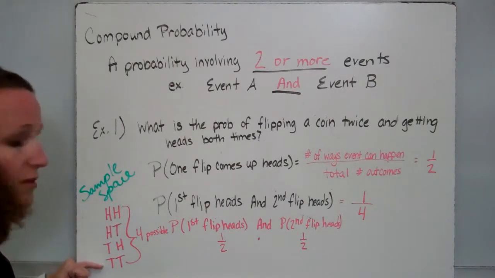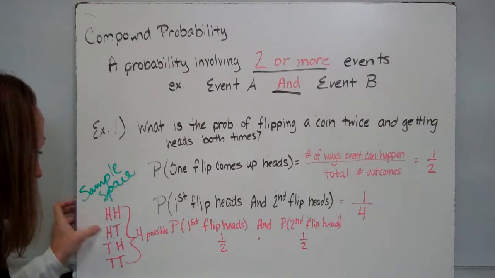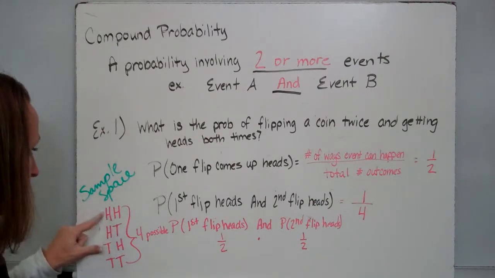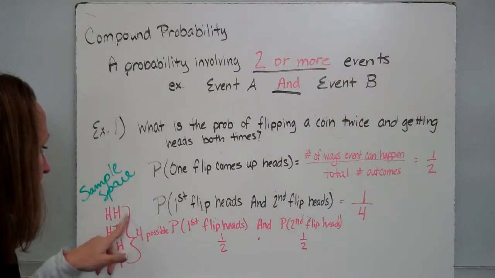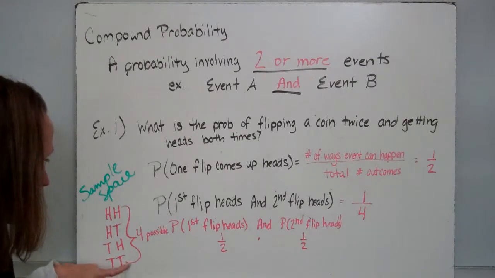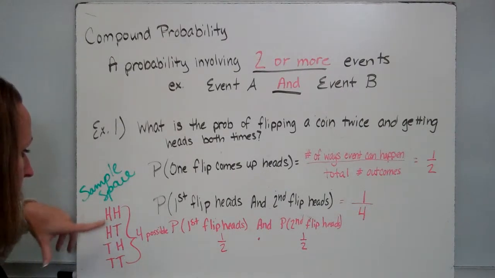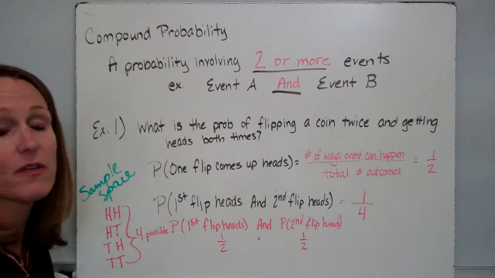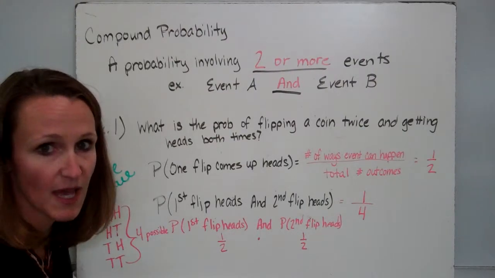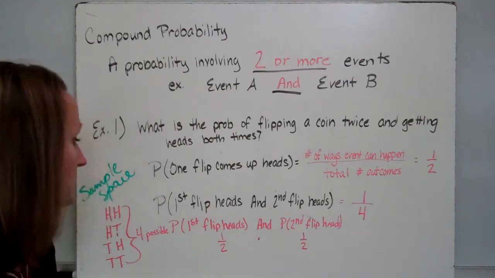This represents all of the first things we could get. We could get heads, heads, or tails, tails. This was what our first coin would give. And then our second coin could be heads, tails, heads, and tails. In other words, we could get two heads, a heads and a tails, a tails and a heads, or tails and a tails. There's 4 different possibilities that we can get when we flip two coins.